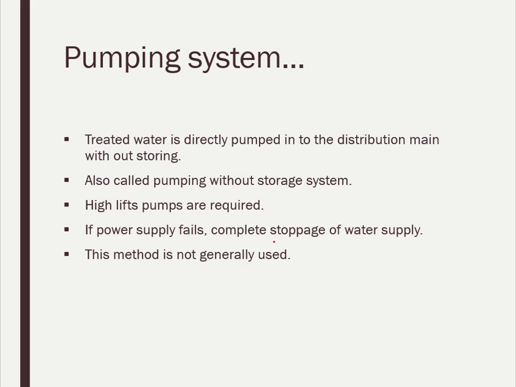From the borewell it is directly connected to the distribution network. So when you switch on the pump, water will flow into the distribution. This is also called the pumping without storage system. Here we require a high lift pump so that water can be supplied to higher elevations also.